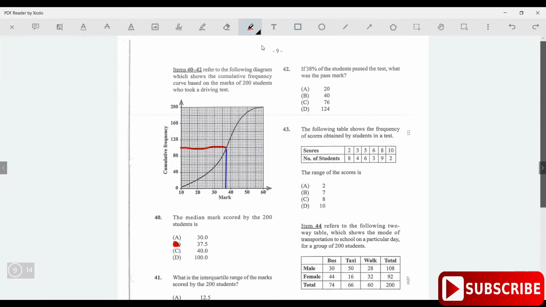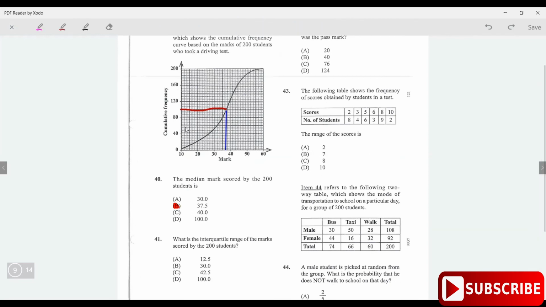Next question. It says, what is the interquartile range? So for the interquartile range, you need to find Q1, so 200 divided by 4 is 50. So we need 50 and we need 150. Let's see how we can get 50 easily.